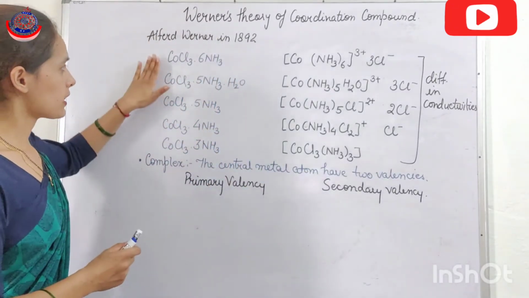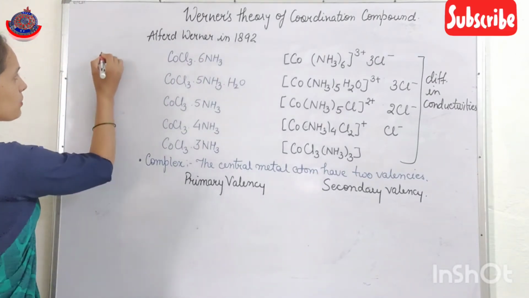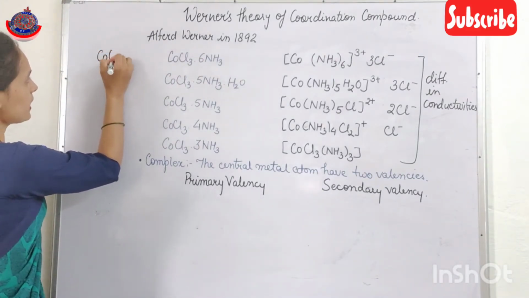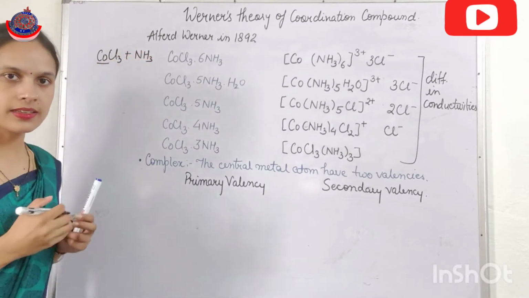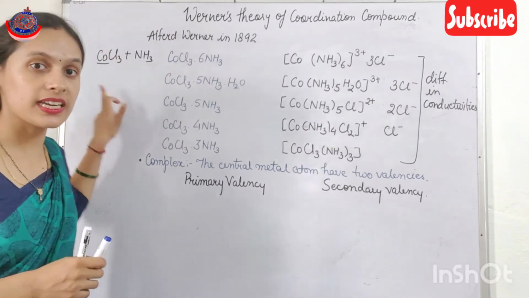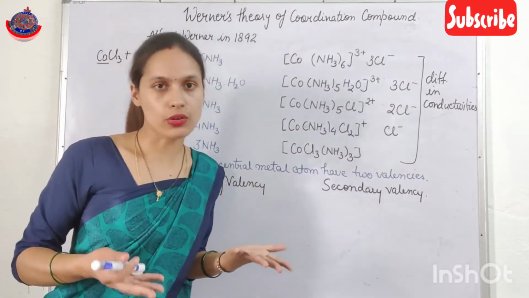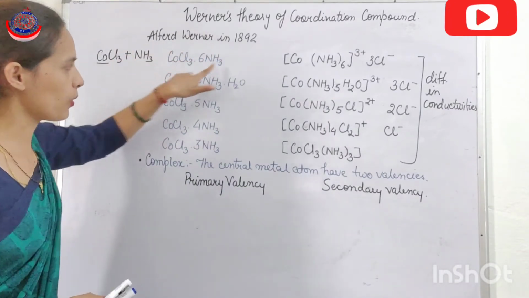For example, this is a complex and this complex is formed by the reaction between COCl3 and NH3. So here cobalt is the central metal atom and here COCl3 is present in its simple salt form. ये COCl3 का simple salt form है and this is the complex form.